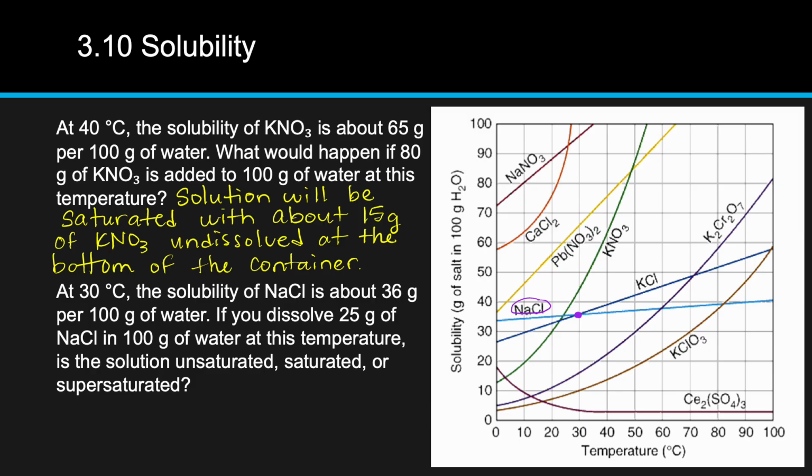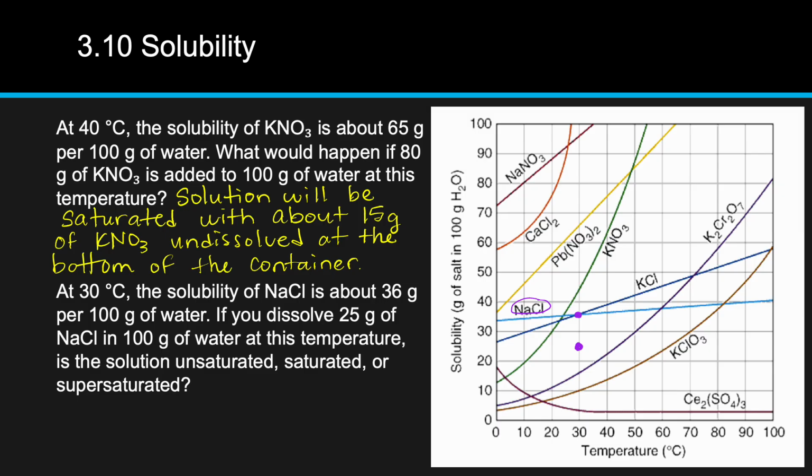It says if you dissolve 25 grams of NaCl in 100 grams of water at the same temperature, is the solution unsaturated, saturated, or supersaturated? So it's saying at the same temperature, what happens if we only dissolve 25?